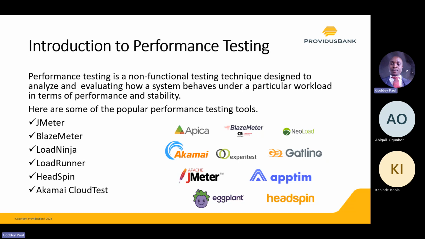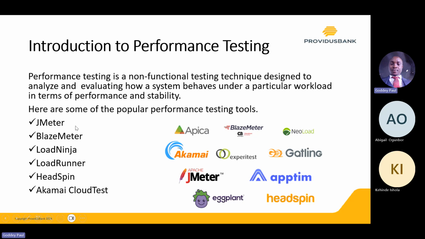Like I said, most times when a software application under test is developed, there's need for us to check how it's going to behave when there is a certain load placed on it. So this is how we guarantee the software's sustainable stability. There are a couple of tools that are used for performance testing.